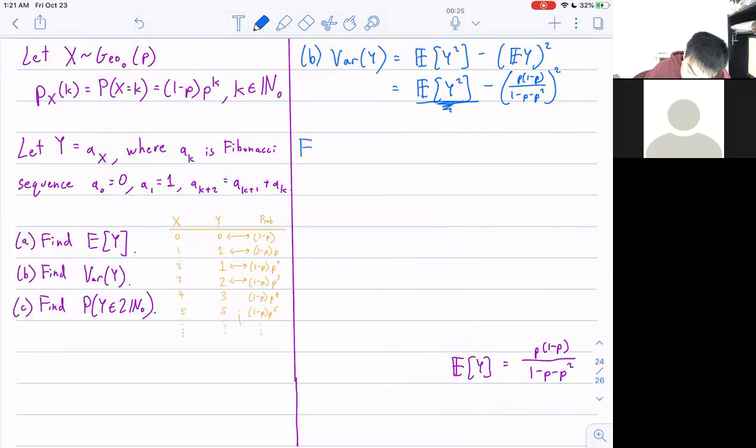So writing out the expected value of y squared, this would literally be the summation of k equals 0 to infinity of a_k squared, times (1 minus p) times p to the kth power.